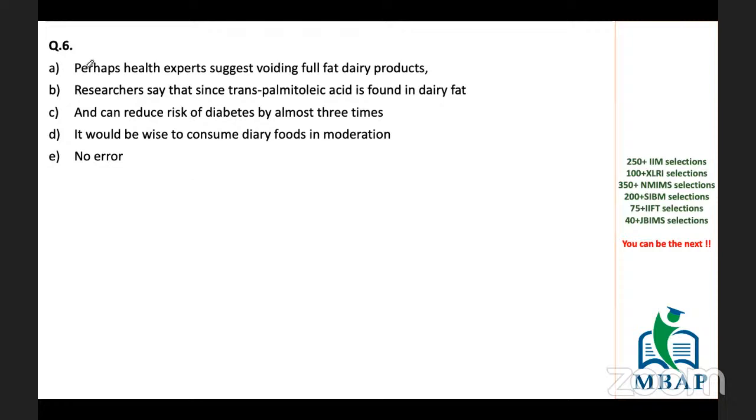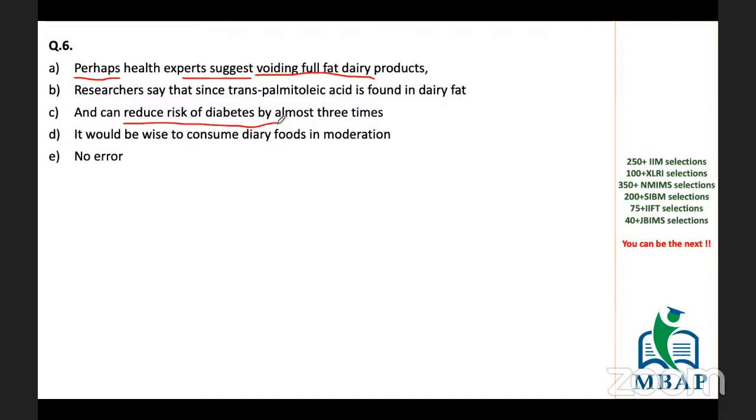Now, here comes perhaps. Perhaps brings the probability of something. Here, what we want to say is that we are actually talking about contradictory information: experts suggest avoiding full-fat dairy products, but researchers also believe that it can reduce the risk of diabetes.